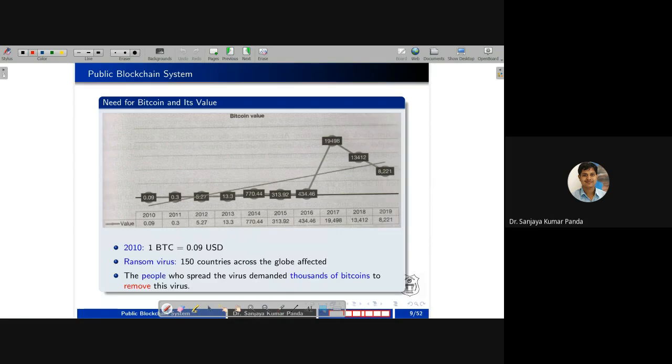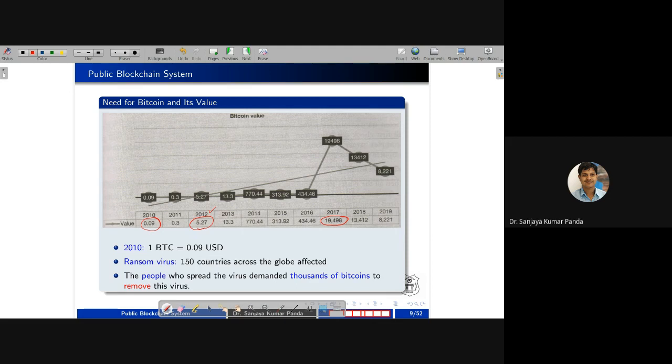Now, if you look into the trend, starting from 2010 to 2019. In 2010, one Bitcoin is equal to 0.09 USD. That's why I mentioned that the cost of the Bitcoin is less than 1 USD, right? But over a period of time, in 2012, the Bitcoin price is equal to 5.27 USD, and in 2017 it reached the highest, that is 19,498 USD, right?